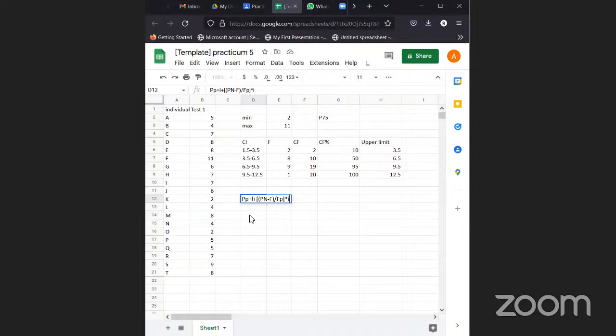Let's make sense of this formula together right now. So L is nothing but your upper class limit. And I here stands for your class interval. Class interval is nothing but the difference between your higher and the lower limits of your class interval each.